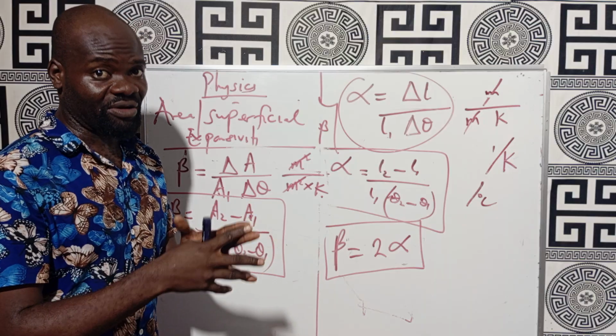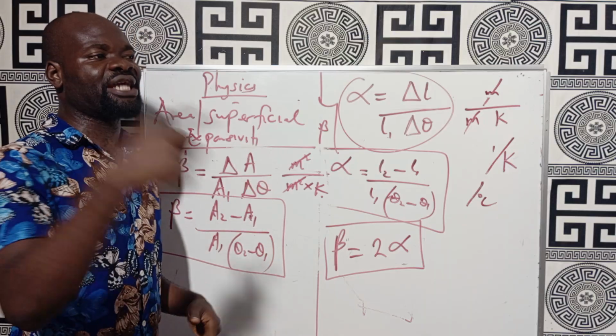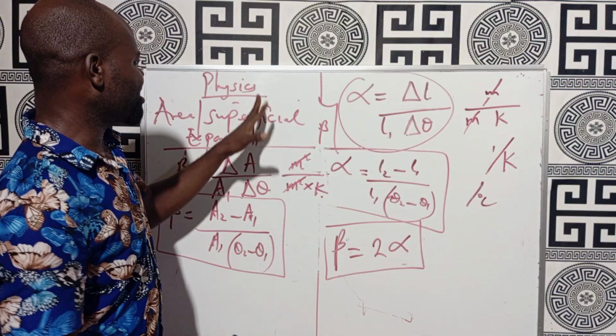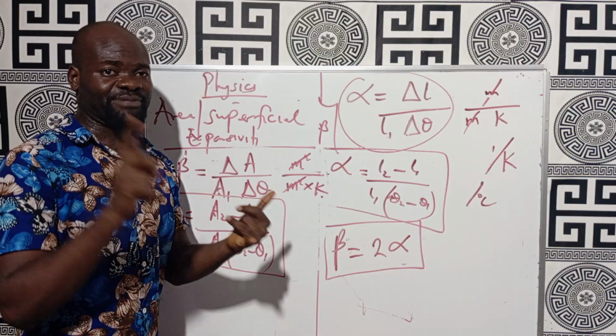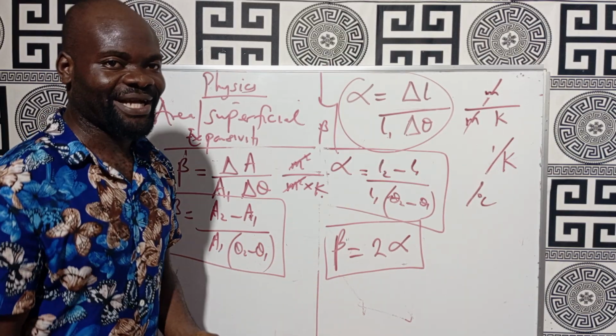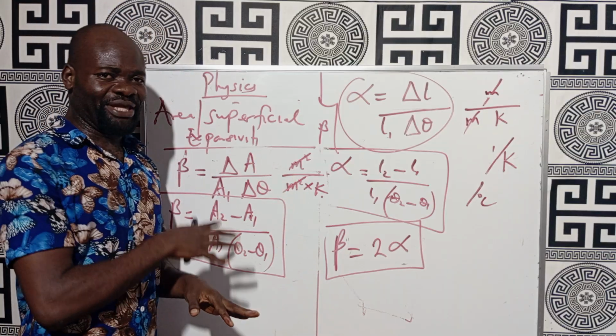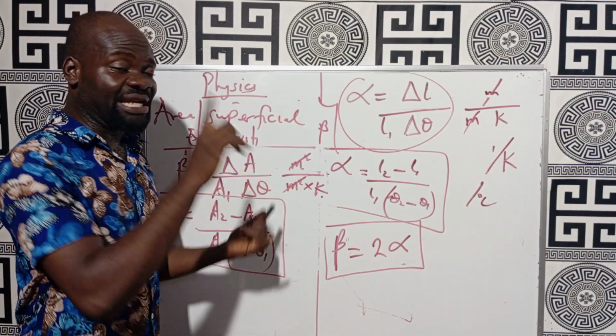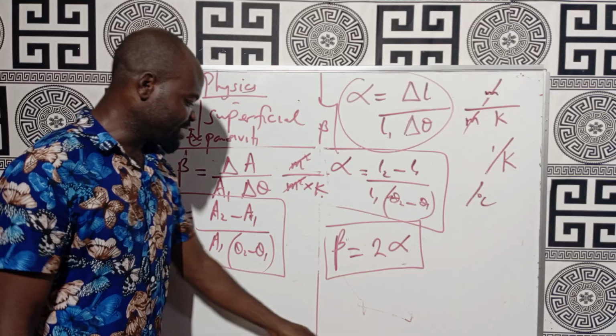We take it in the next class, and then we're going to take general calculations concerning linear expansivity, area expansivity, and volume expansivity. Hope you have gotten the scope: today we did linear expansivity and area expansivity.